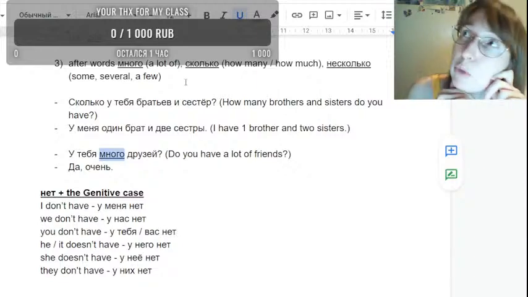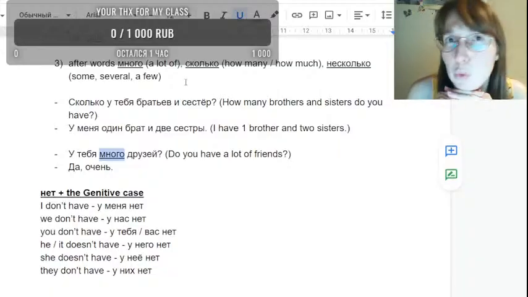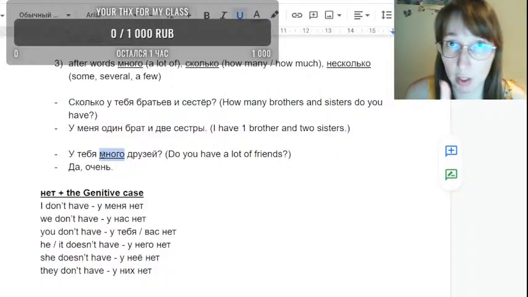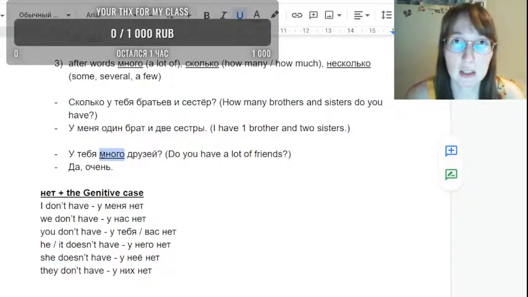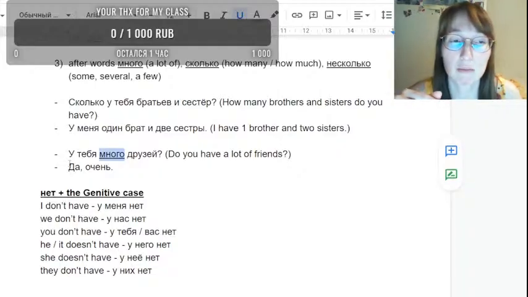У тебя есть много друзей? Maybe it sounds well, but since the word много is significant here in this question, then we don't need a word есть. У тебя много друзей?